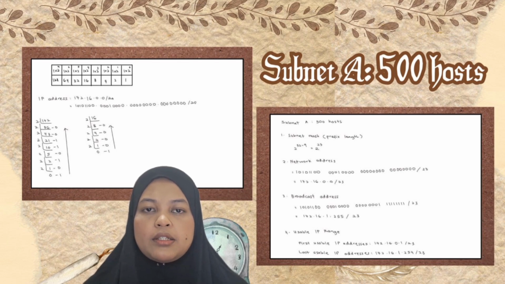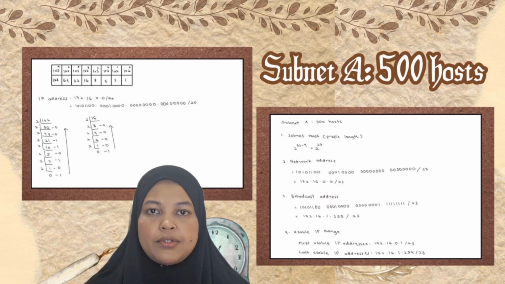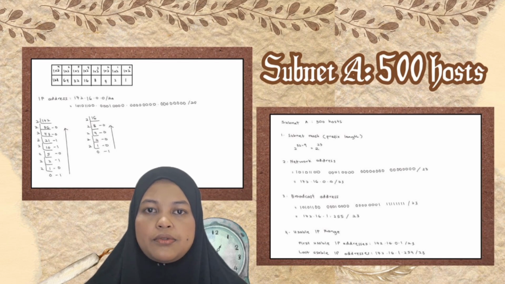Then we can find the network address and also the broadcast address. The network address can be found by keeping the first 23 bits and changing the rest of the bits to zeros. So the final answer is 172.16.0.0/23. Next, the broadcast address can also be found by keeping the first 23 bits and changing the rest of the bits to ones.